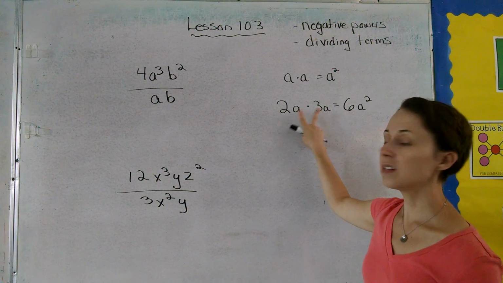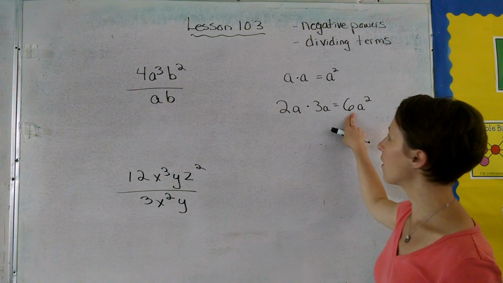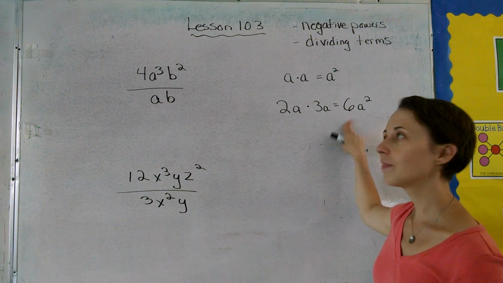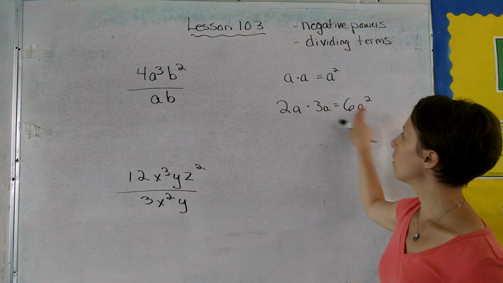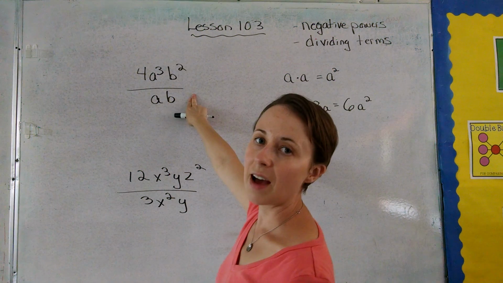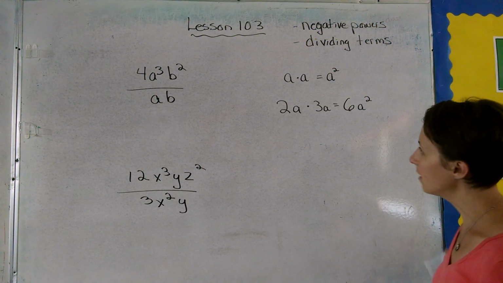If I have some numbers in front, those are called coefficients, I'm allowed to multiply those together to get an answer. Turns out, not only are you allowed to multiply with your letters, you're allowed to divide with them. The dividing with them is actually a little bit easier, I think.